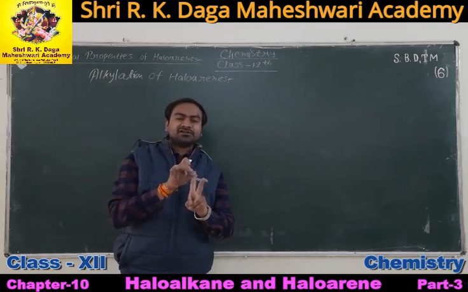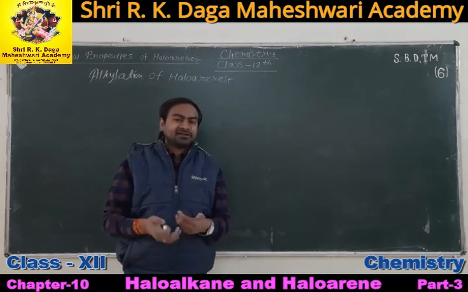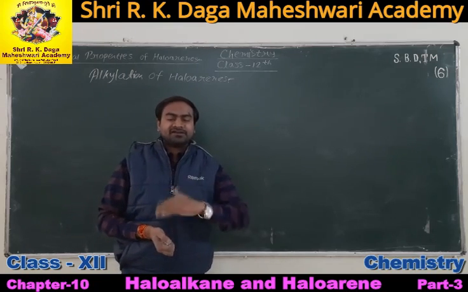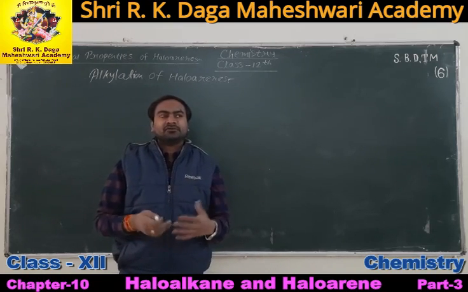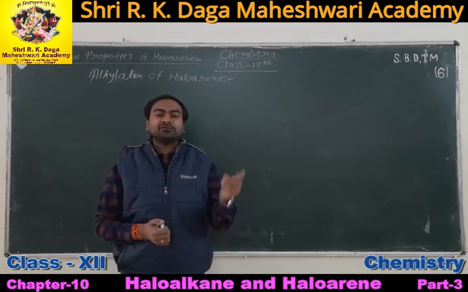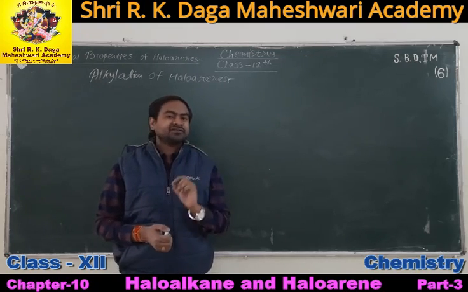First is the alkylation, which we are doing now, and the second is acetylation or acylation. There is a difference between acylation and acetylation. Acylation means whatever R group you want, you can take, but in the acetylation you will have to take only CH3CO positive.